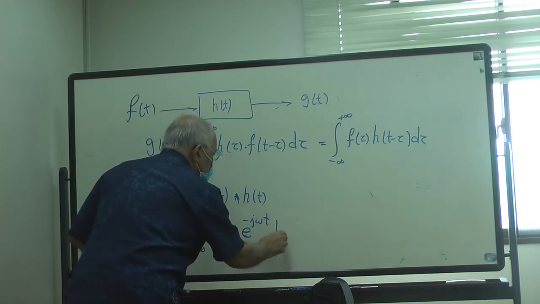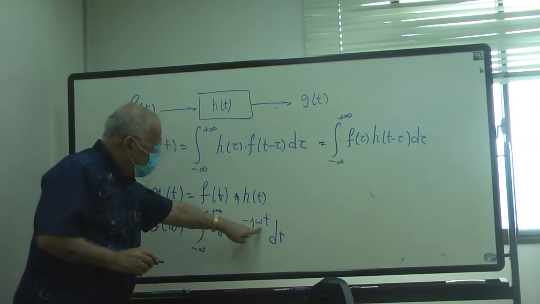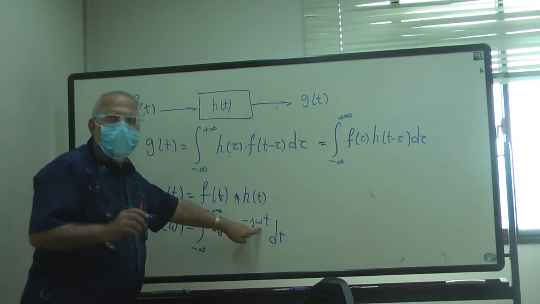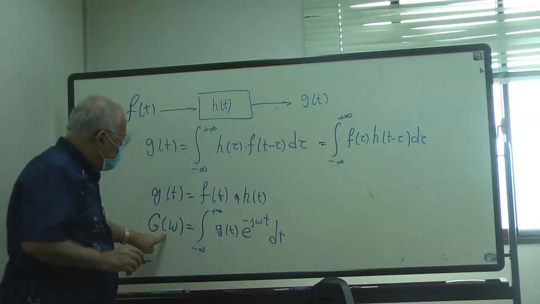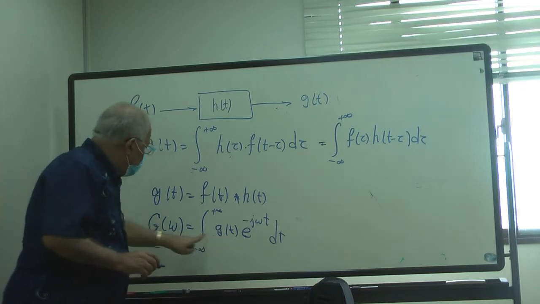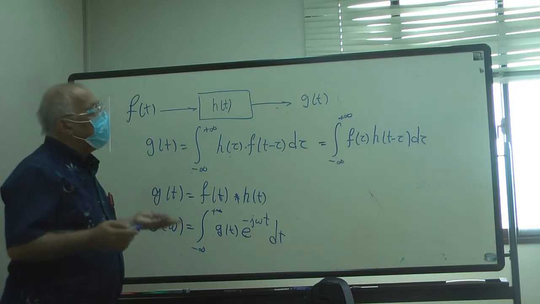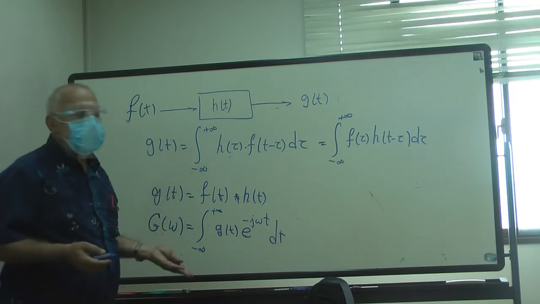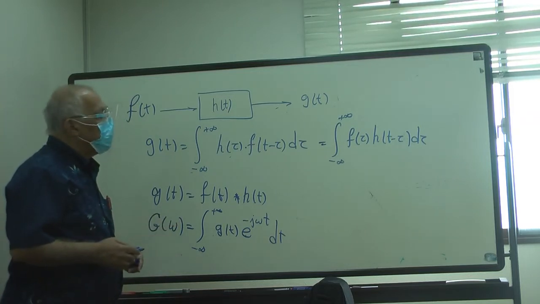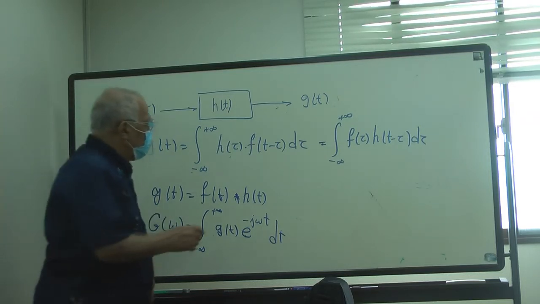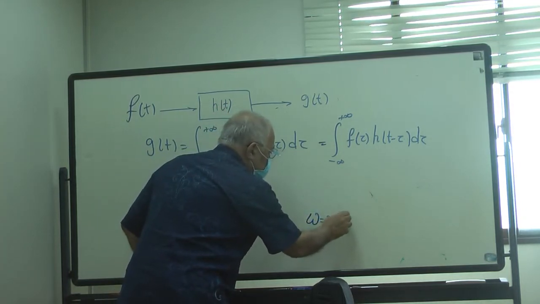The integral here is over time. Omega here is the variable of frequency, so the result is a function of frequency. The time function becomes a frequency function. This is the frequency domain, or Fourier Transform. This is the general definition, in which omega is 2 pi f.